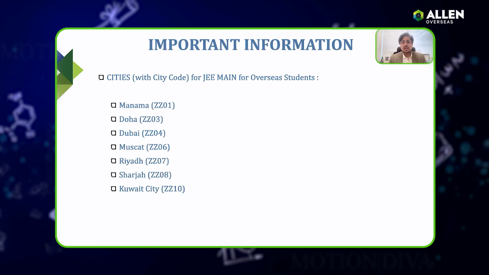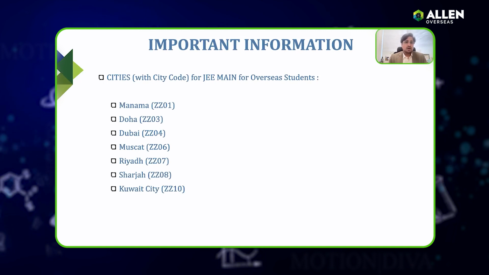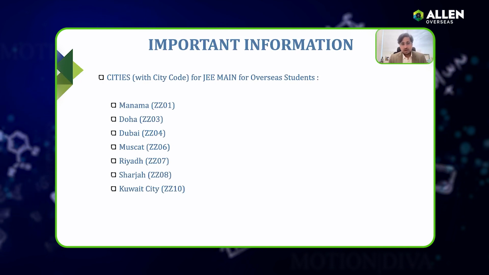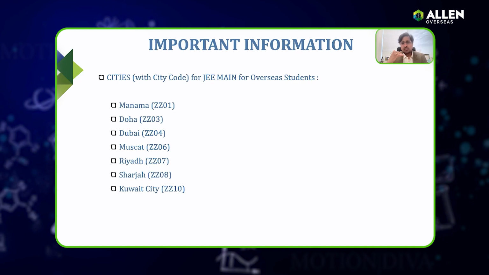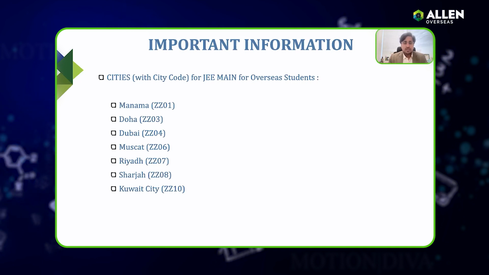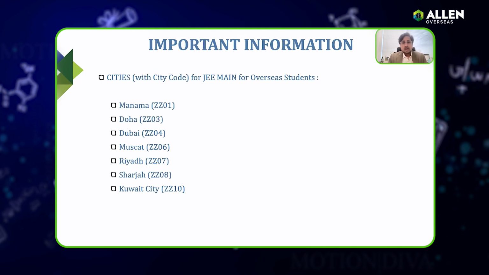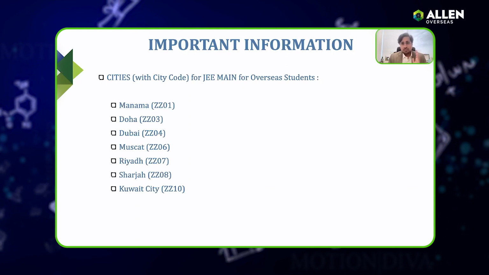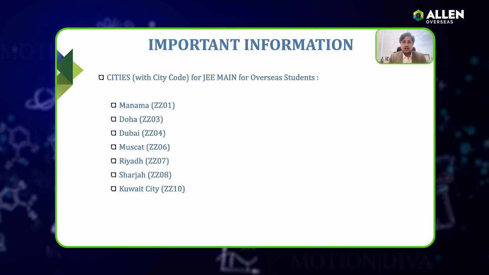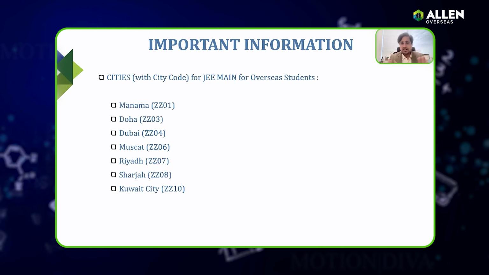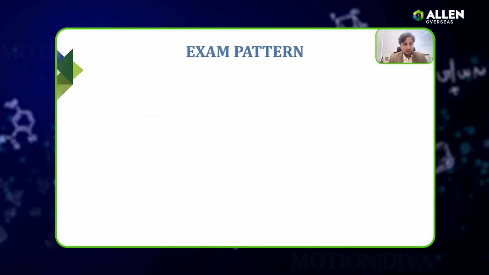I have also mentioned the city codes for your reference. Although once you are filling the form it would automatically give you these codes, still, before filling, if you have these codes handy, you can always recheck that there isn't any error committed on your part.